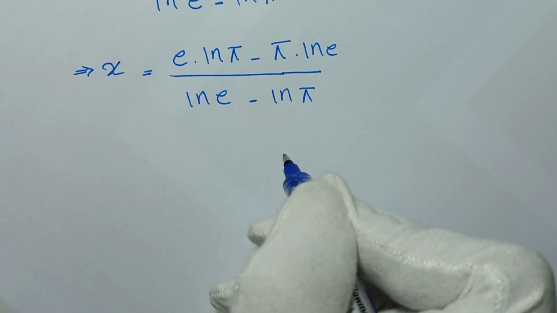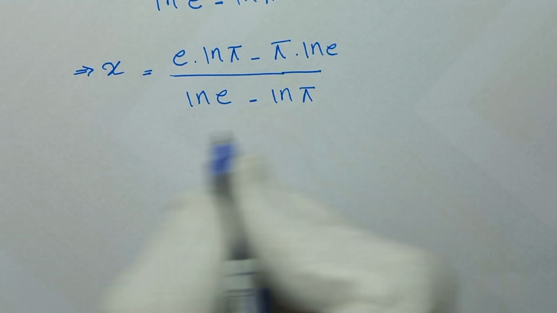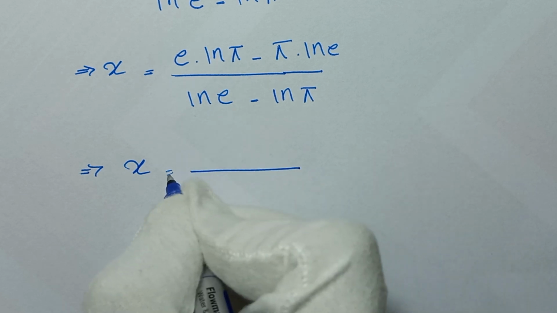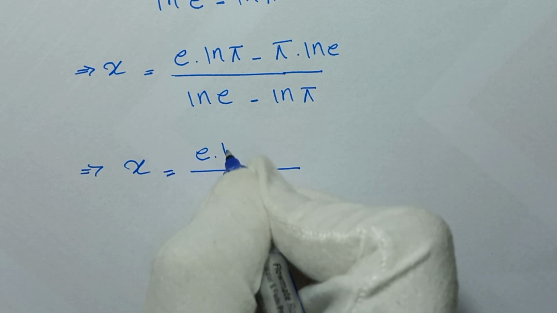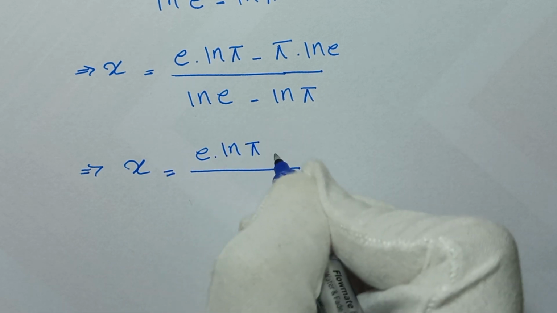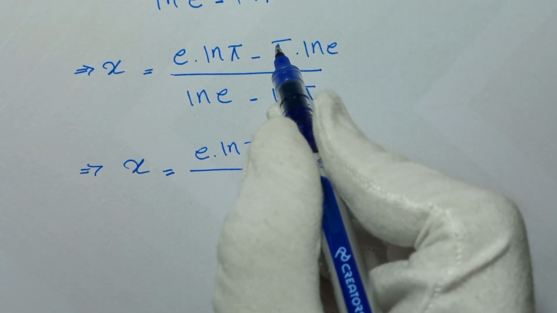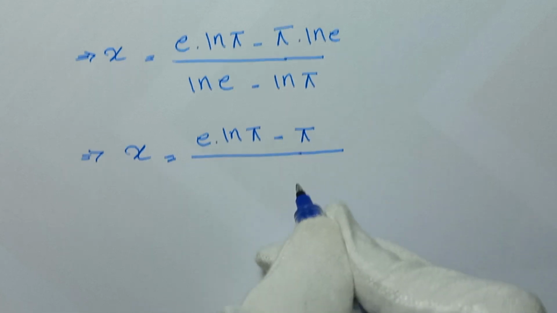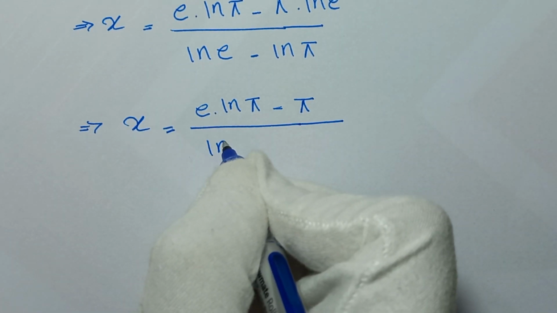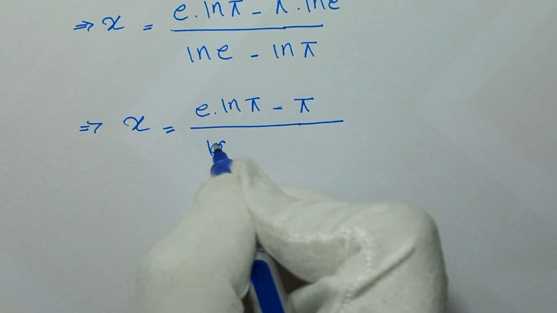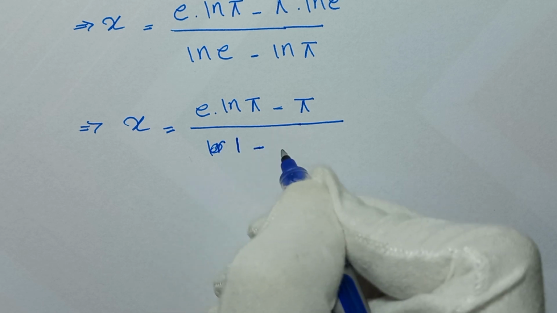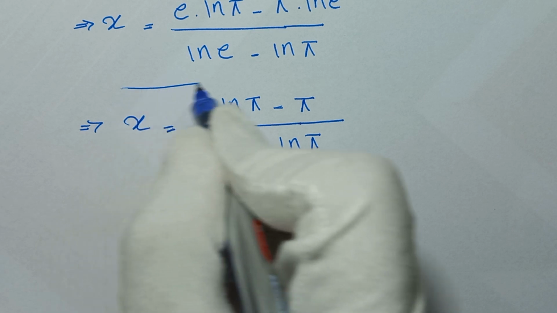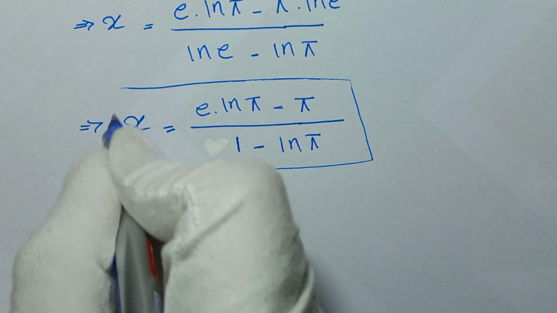And as you know, ln of e equals 1, so we can write x equals e times ln of pi minus pi times 1, which is pi, and ln of e in the denominator is 1. So it will be 1 minus ln of pi. And this is our final answer.